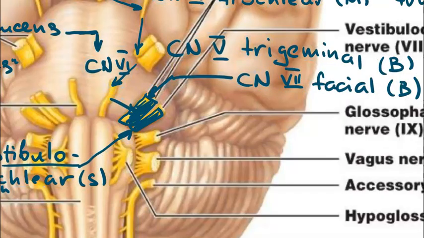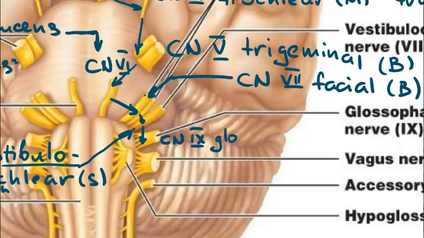We keep going in the same direction. So we end up right now with cranial nerve 9, which is glossopharyngeal, both, and the word for it is "good".